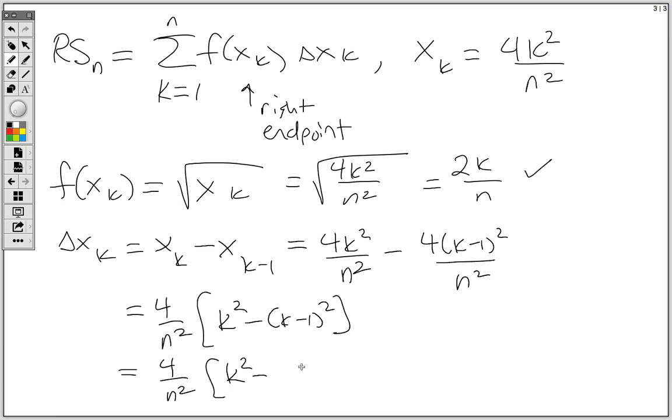So I've got k squared minus, and now I square this out. And then I'm going to subtract. So when I subtract this through, what do I get? I get k squared minus k squared plus 2k minus 1. So I end up getting a 2k minus 1.